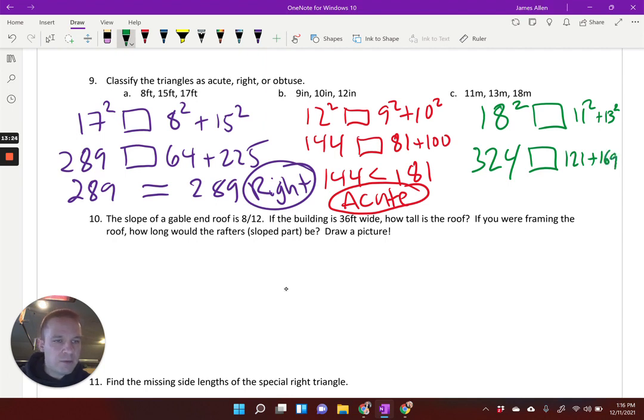If I add those two together, I get 290. 290. 324. That is greater than. So this is obtuse. Exclamation point for whatever reason. All right. Very nice. I want to double check that is indeed 324. It is 324. Awesome. Cool.